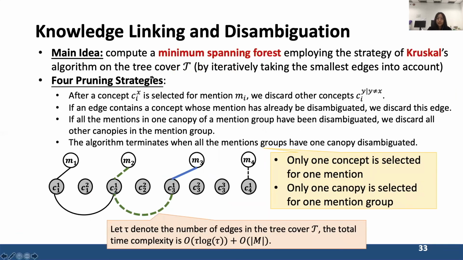Here is the major idea. We compute a minimum spanning forest employing the strategy of Kruskal's algorithm on the tree cover by iteratively taking the smallest edges into consideration. We further propose 4 pruning strategies. To summarize, the pruning strategies guarantee that only one concept is selected for one mention, and only one canopy is selected for one mention group.